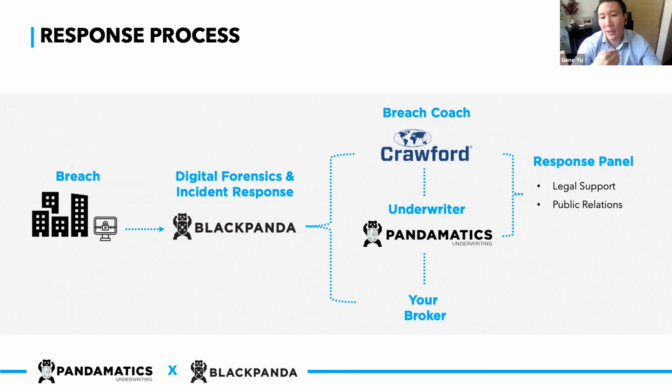And also, if you're a Pandamatics client, there should be a relationship with us already, with us helping you with your pre-breach preparations and the type of technology that you need, setting that all in place, understanding how your infrastructure is. So when we show up, we're not strangers in a black box figuring it out for the first time, right?